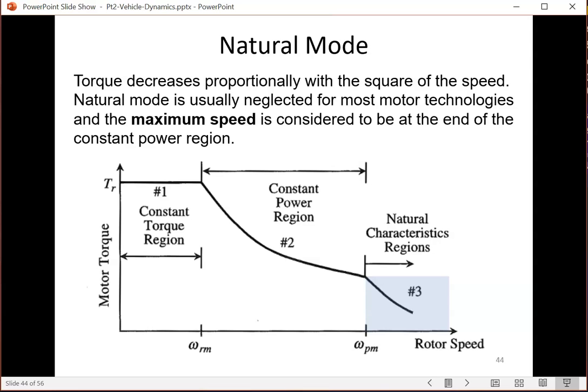But once the motor speed goes beyond that point, it's not really that efficient anymore. Okay, and also the torque is reduced at a faster pace than in the constant region. So the more you push the speed up, the less torque you will have.